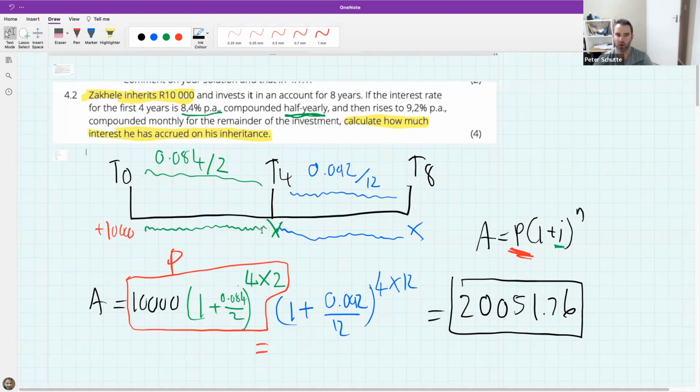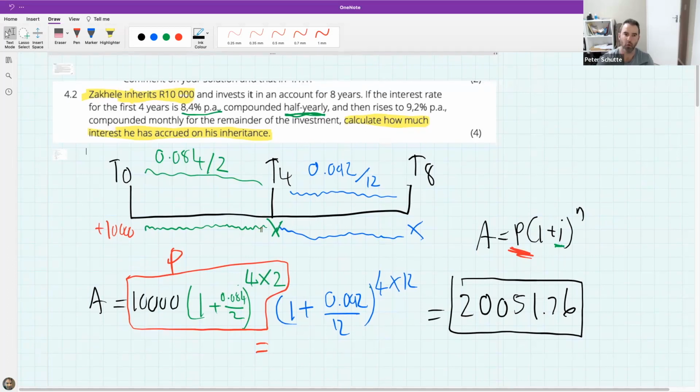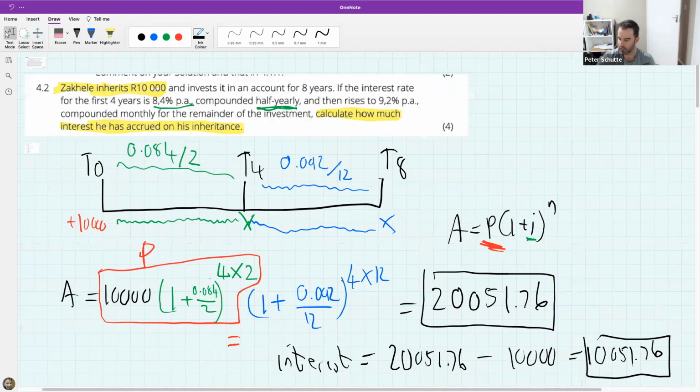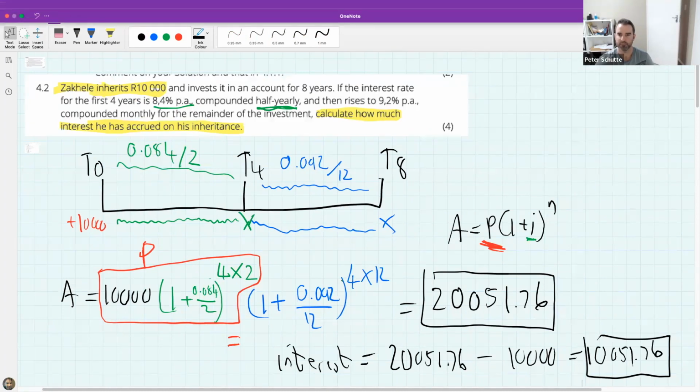So if you think about what I started with, all I need to do for interest is take what I've got at the end and take away what I started with, which was 10,000. So how much is that minus that? Well, I'm pretty confident it should just be that. So that's how much interest has been earned by leaving the money in the bank.